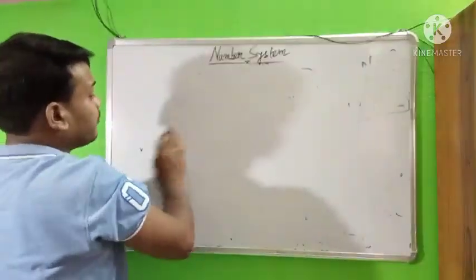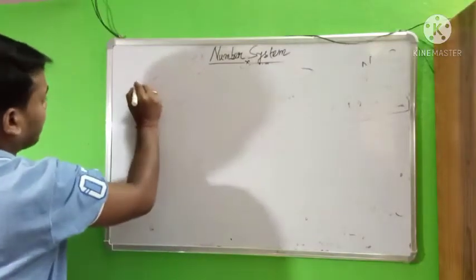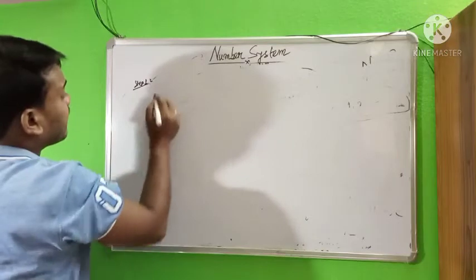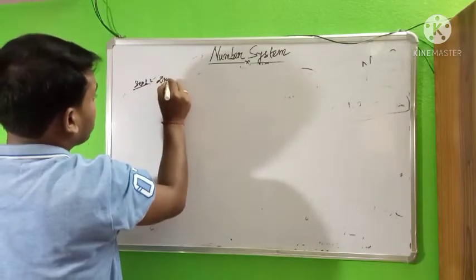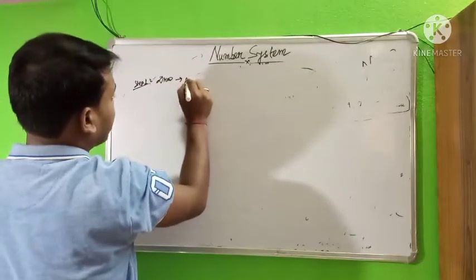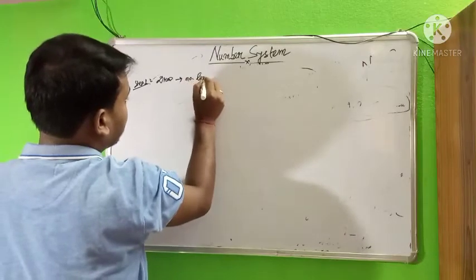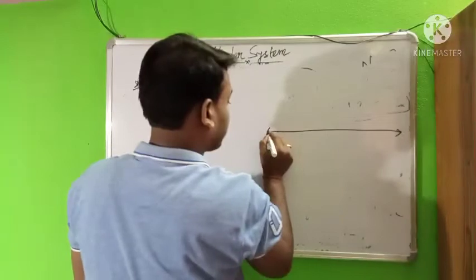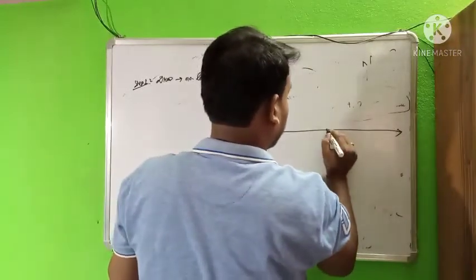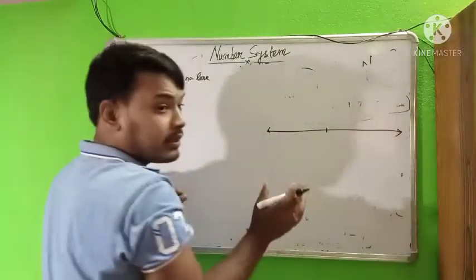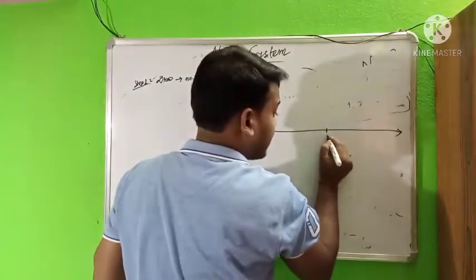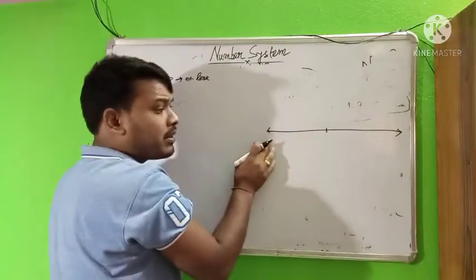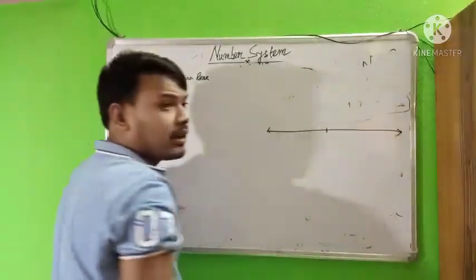So what is the procedure? Step one, draw a number line. Here it is the origin, that means 0. This side is negative real numbers, this side is positive real numbers.